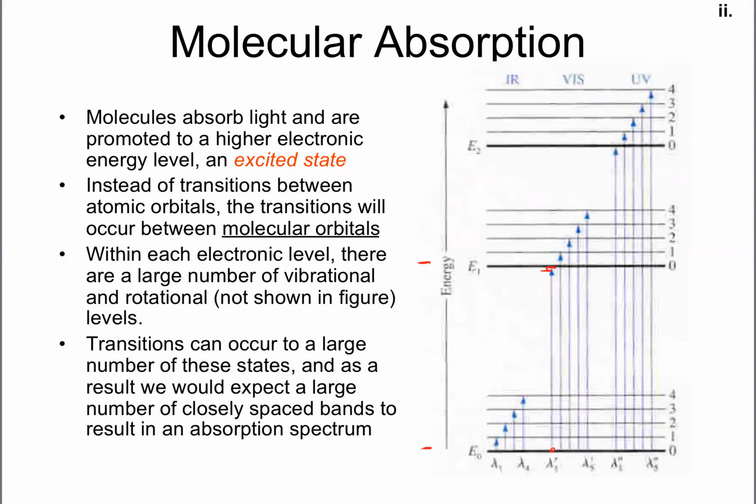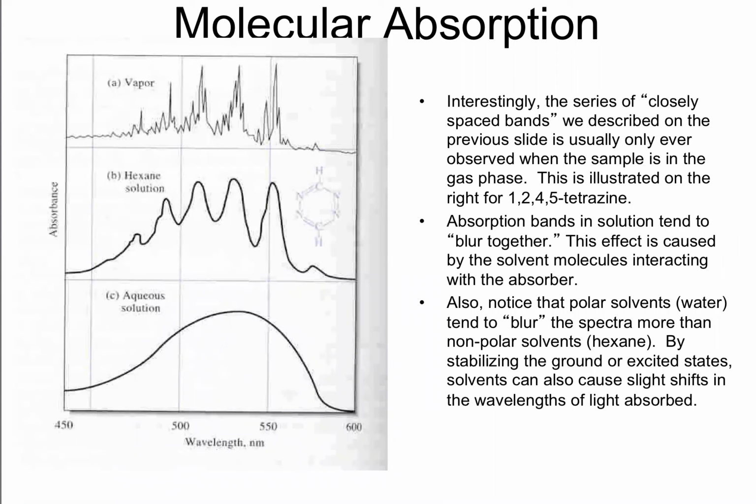But for molecules, our absorption features tend to be 50, 60, 80, 100 nanometers in width. And that's a big difference, as we'll see. And that originates because of the richness, the large number of possible levels that we can absorb into because of these vibrational levels. And there's even what's called rotational levels, and that blurs things out even more.